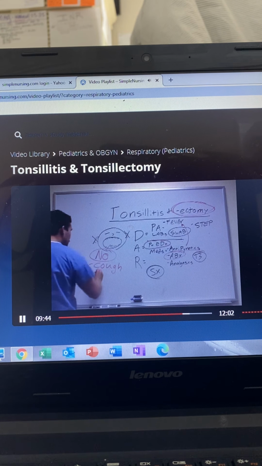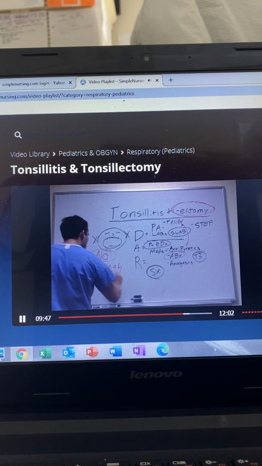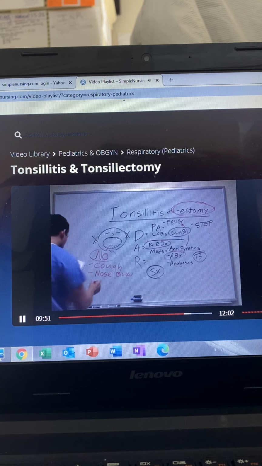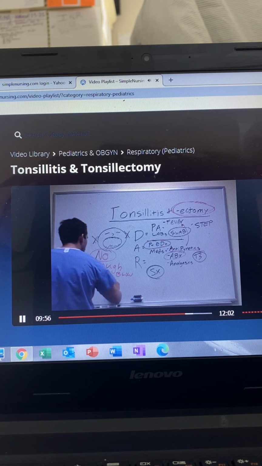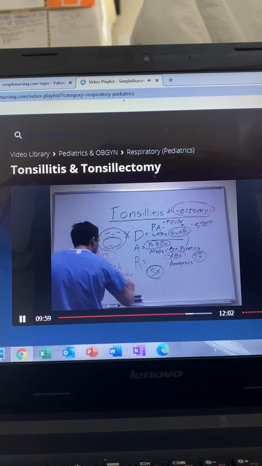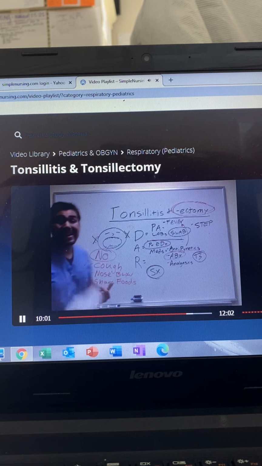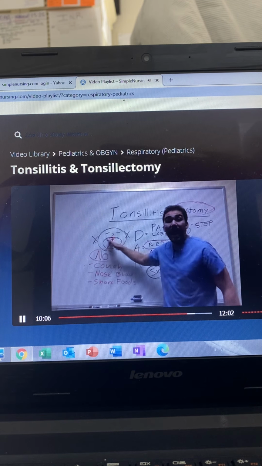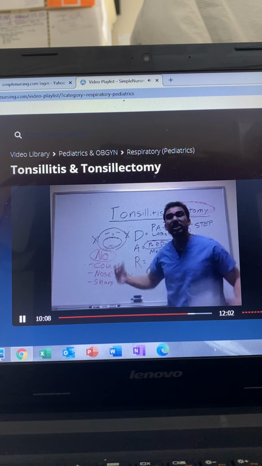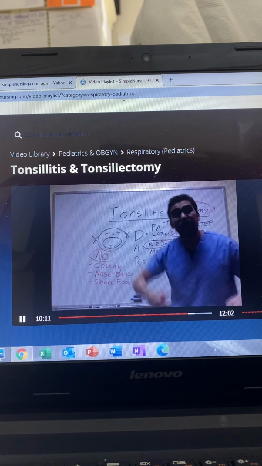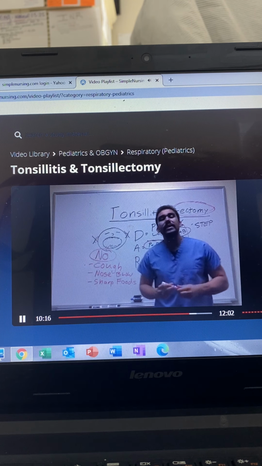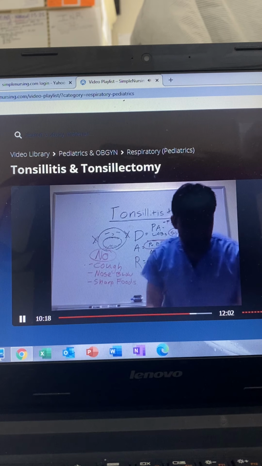No blowing the nose. No sharp foods, like nuts or hard crackers or hard chips, because we have an open wound here that's closing with stitches. We don't want to bust or cause any evisceration of the stitches inside the patient's mouth, okay?